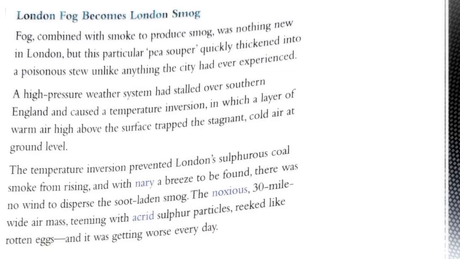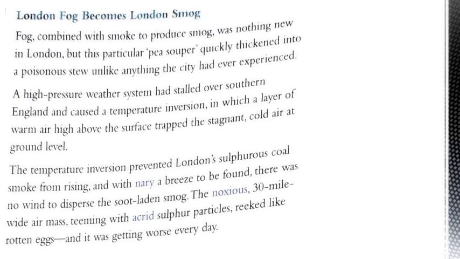Now, the temperature inversion prevented London's sulphurous coal smoke from rising, and with nary a breeze to be found, there was no wind to disperse the soot-laden smoke. The 30-mile wide air mass, teeming with acrid sulfur particles, reeked like rotten eggs, and it was getting worse every day.